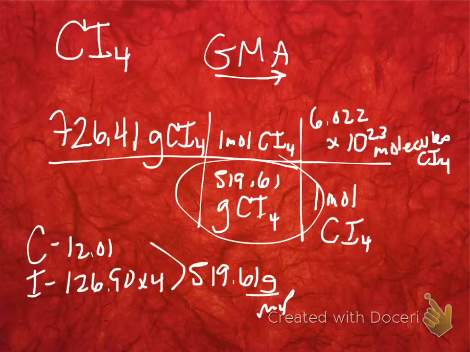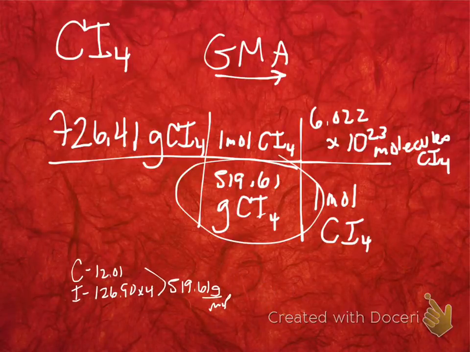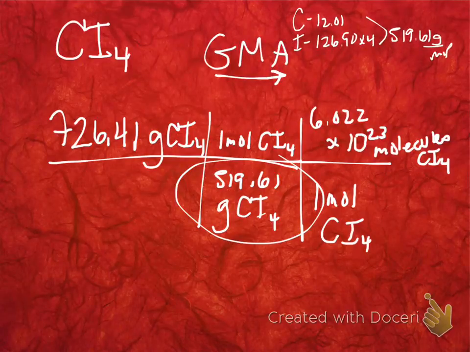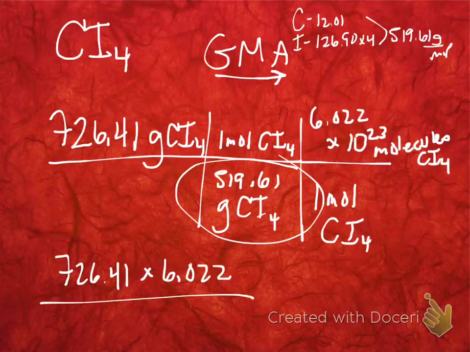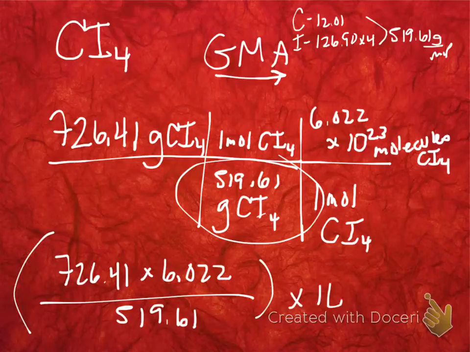Lovely, lovely. You haven't done one like this in a while. So we can do 726.41 times 6.022 divided by 519.61. And then that whole mess is times 10 to the 23rd.